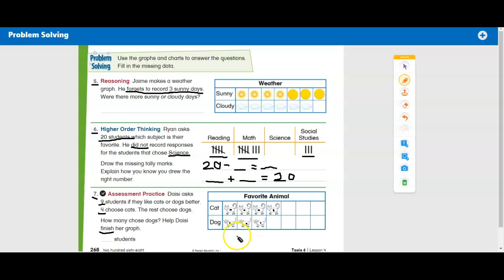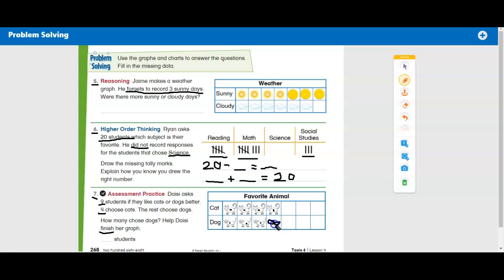If we need to get from 7 to a total of 9, how many dogs are we missing? If we have 7 votes and we need to get to a total of 9, that means 2 dogs are missing.